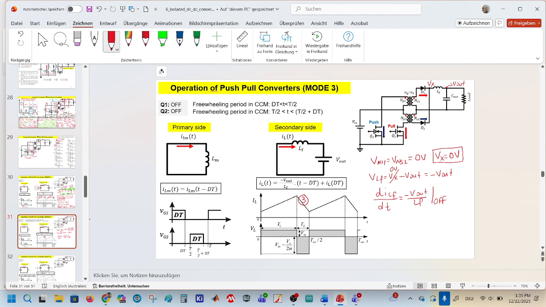Yeah. And this current flow here, we also defined it in this formula.